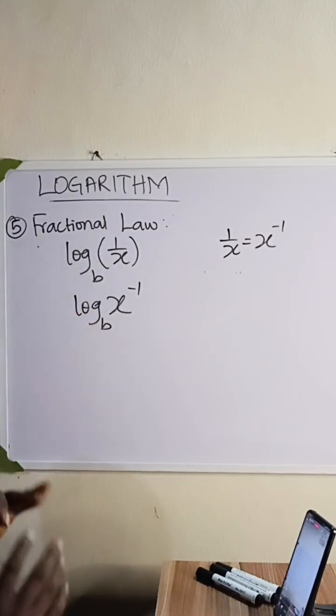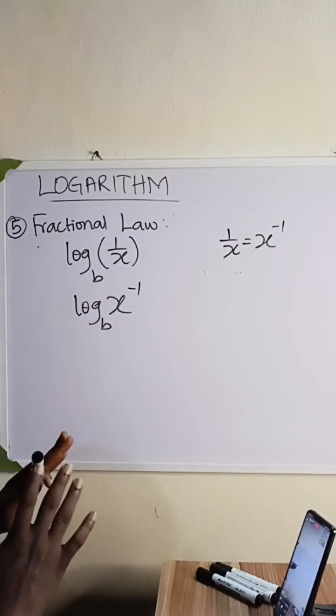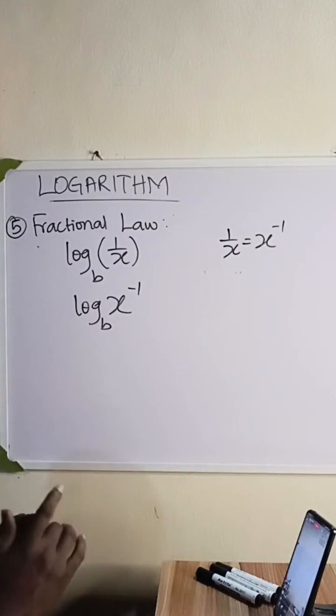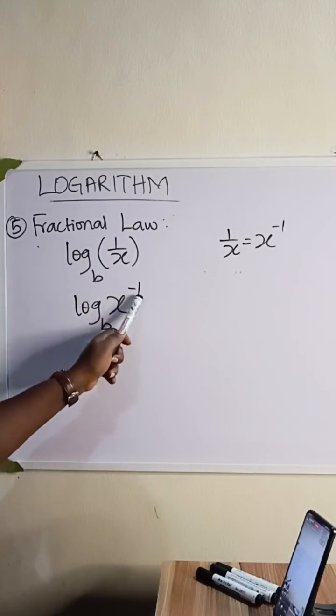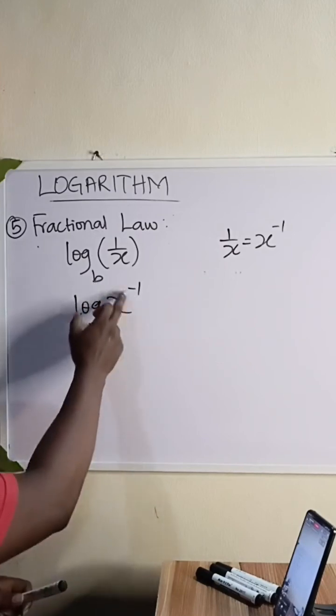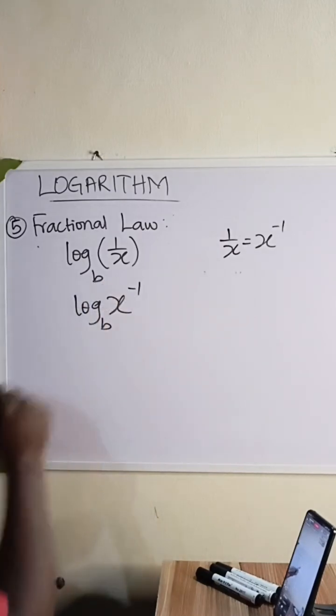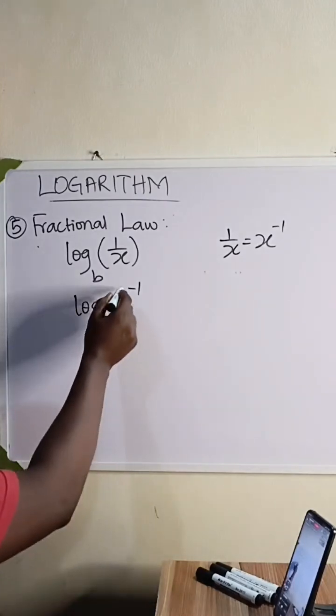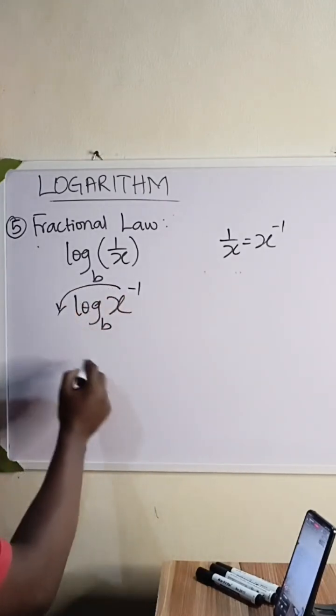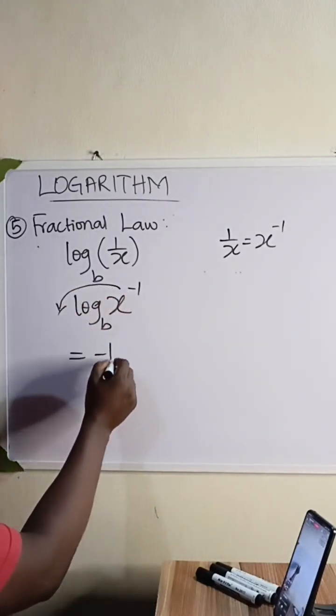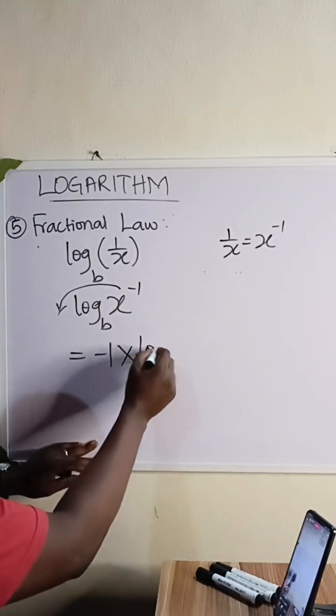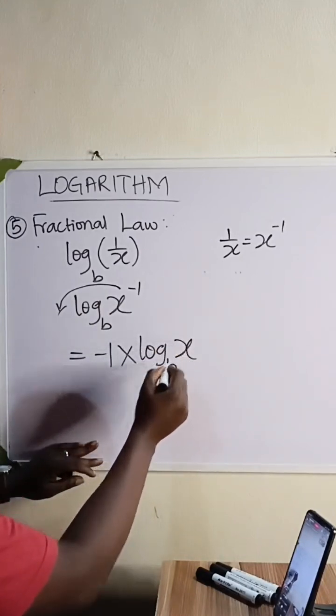Good. Now let's go to the third law of logarithm. The third law of logarithm, the power law. The power law says that when the logarithm has an exponent, all we need to do is multiply that logarithm by the exponent. So that means we need to move this over here. And this will give us minus 1 times log x base b.